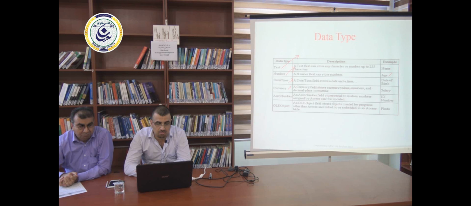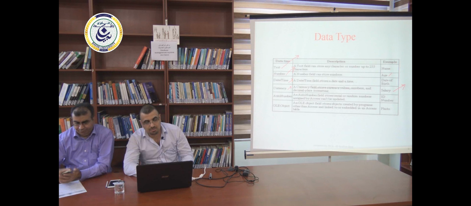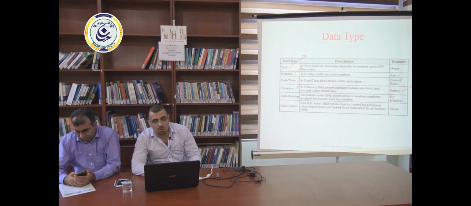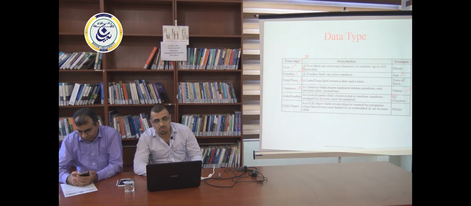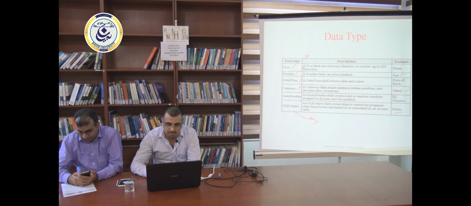Currency is used to enter salary records. Auto number is used for something such as an ID number. OLE object is used to insert a photo into the table to store in the database.